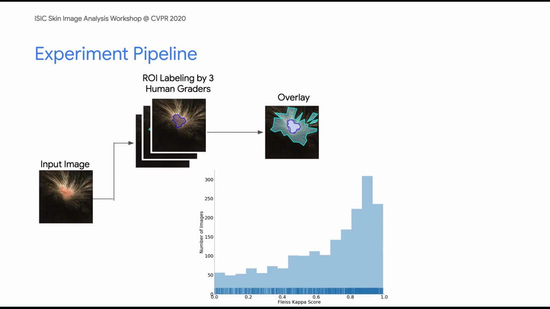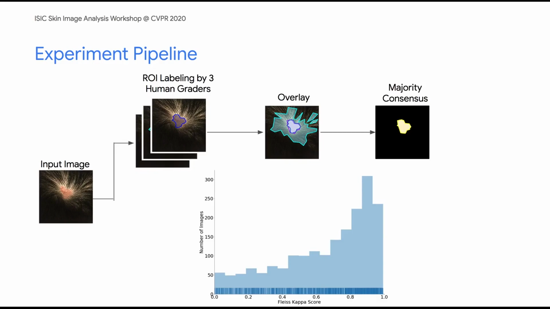We overlaid each of these labels and computed the Fleiss-Kappa score to measure inter-rater agreement on these labels. In general, most of the labels showed high agreement. We discarded images with a Fleiss-Kappa score below 0.4. Amongst the images with high agreement, we took a pixel-wise majority vote to determine the final human-labeled region of interest.